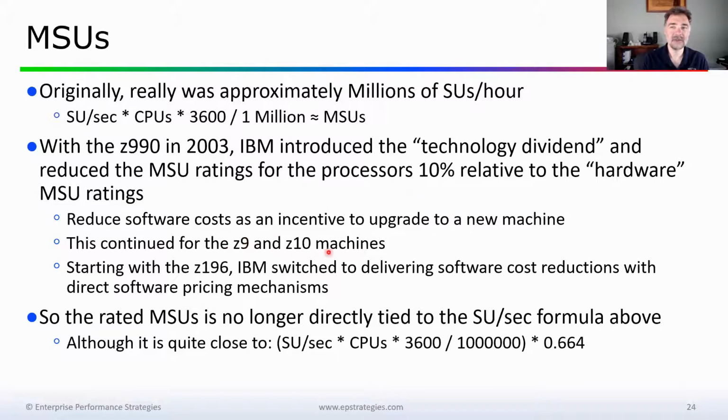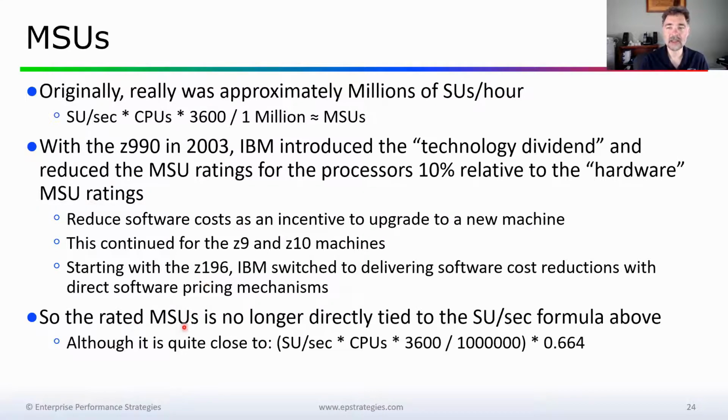And this continued through the Z9 and Z10 machines until you got to the Z196, when IBM said, maybe we could actually make software cheaper by making software cheaper. So they actually changed the software pricing metric you could use if you went to Z196, and hence you got a cheaper software that way.